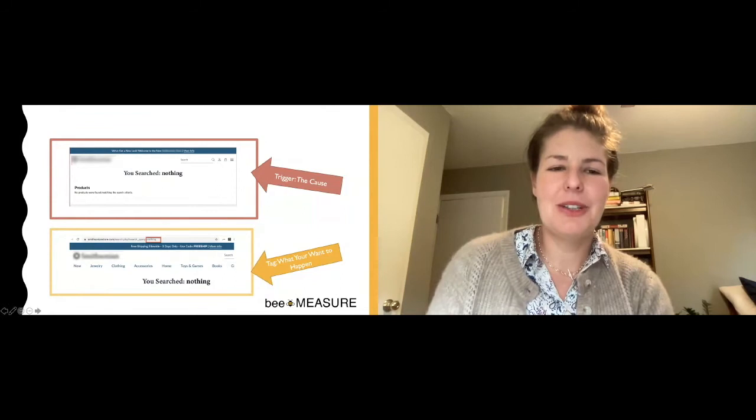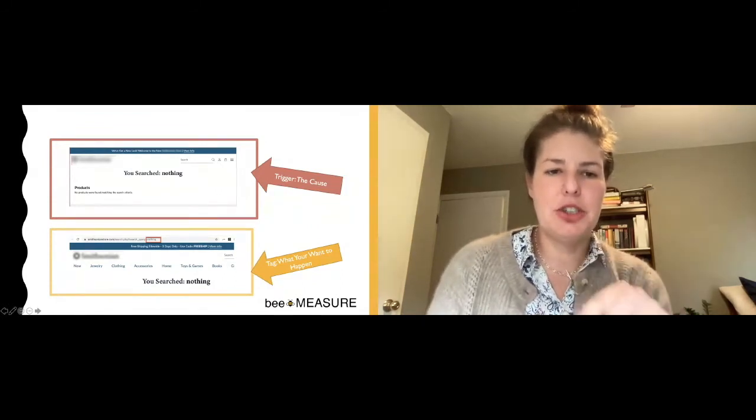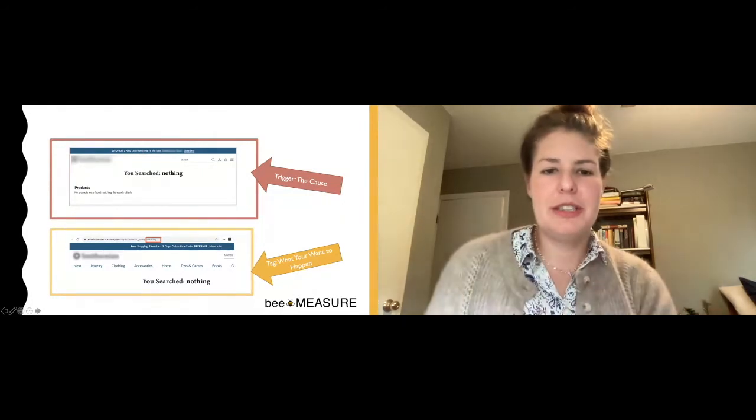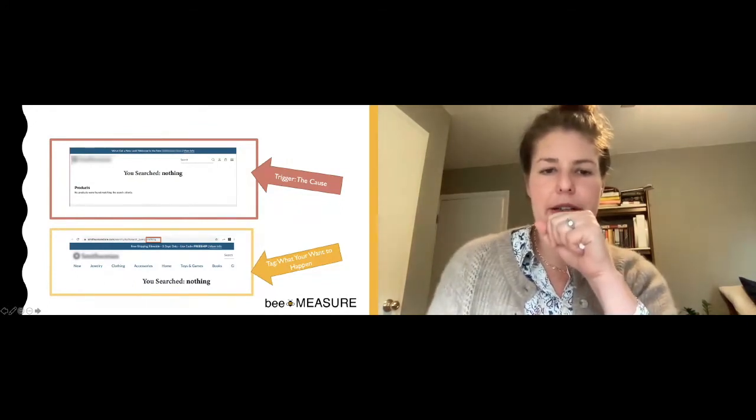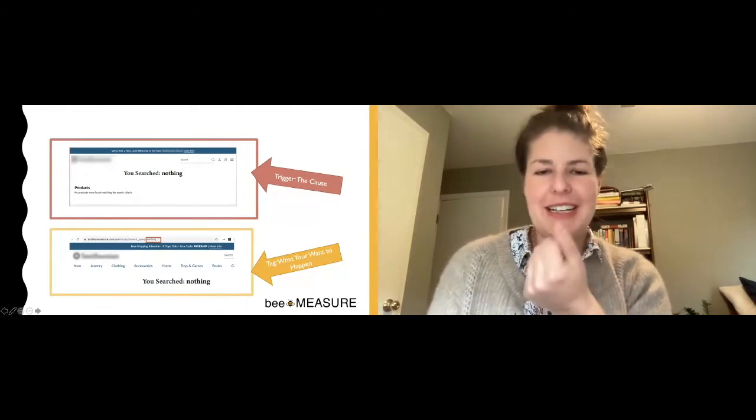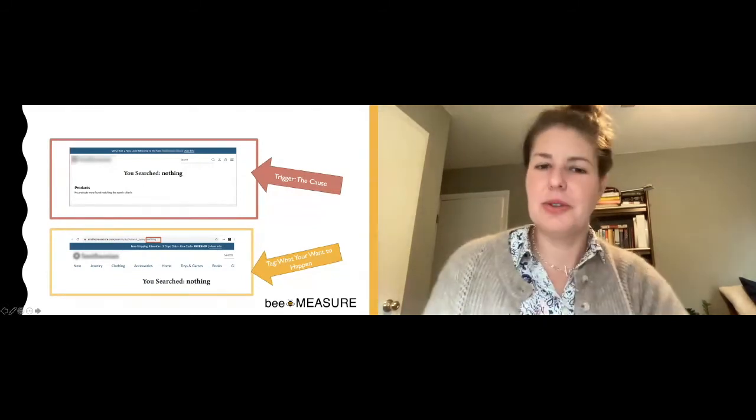I have this set up using the visibility trigger. So when this message, no products were found matching the search criteria, appears, it triggers an event called no search results, and it pulls in what's in the parameter search query. In this case, it's nothing, and sends that into Google Analytics.